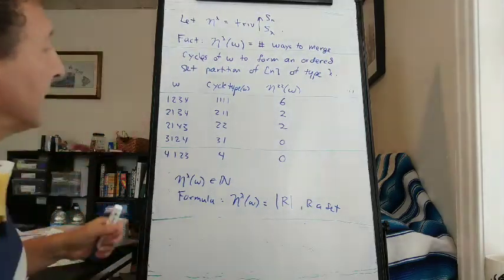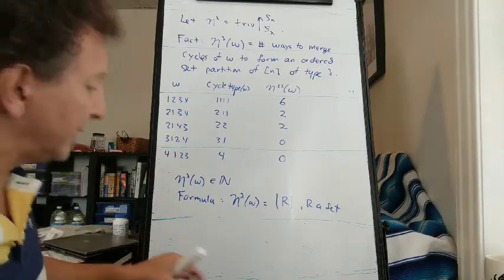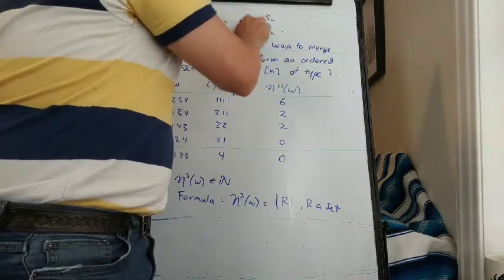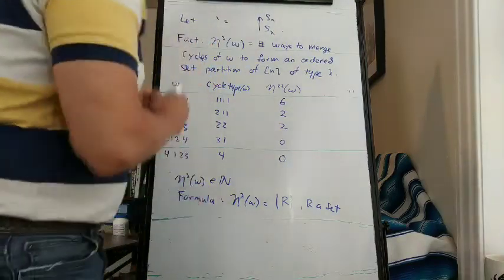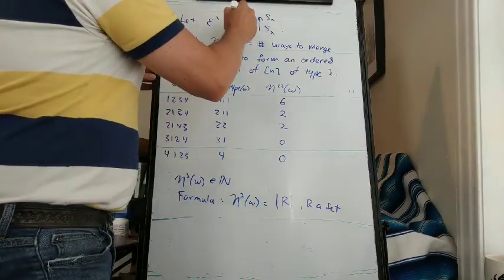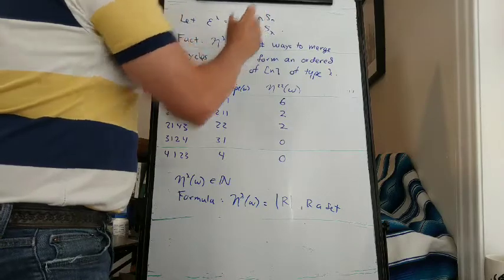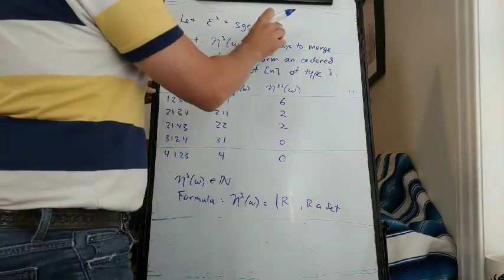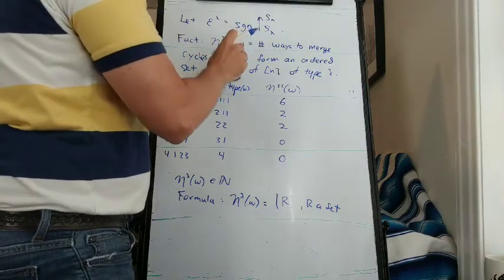So now let's look at induced sign characters. Let's let eta lambda be the sign character induced from the Young subgroup S lambda to the symmetric group Sn.